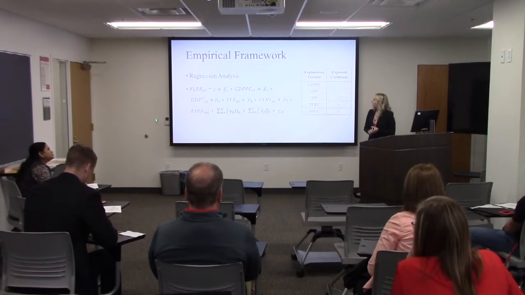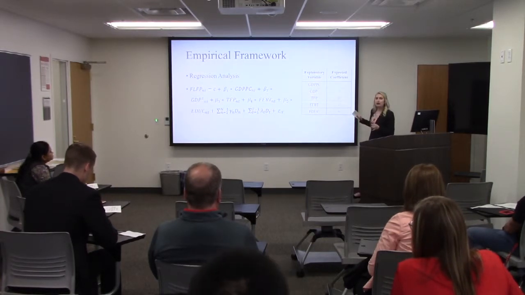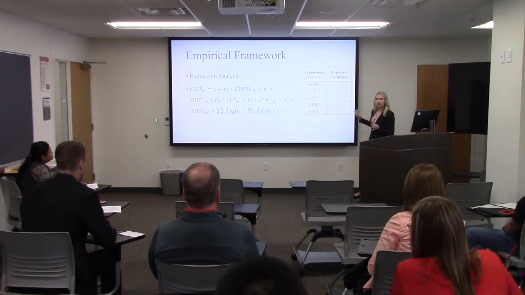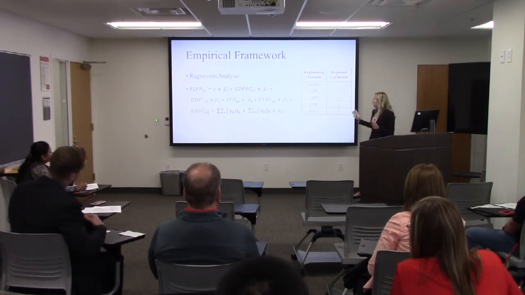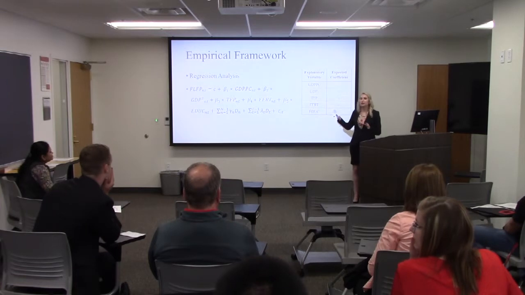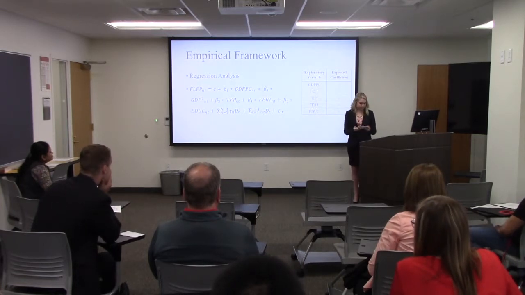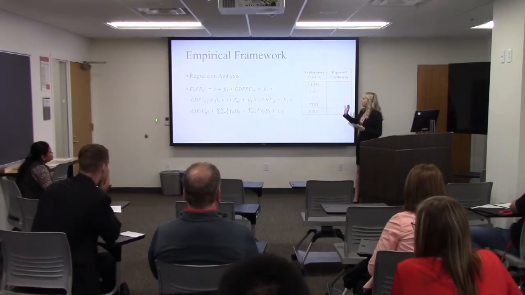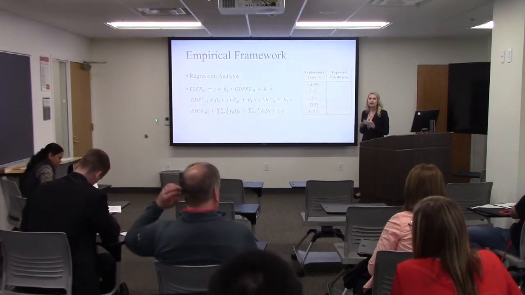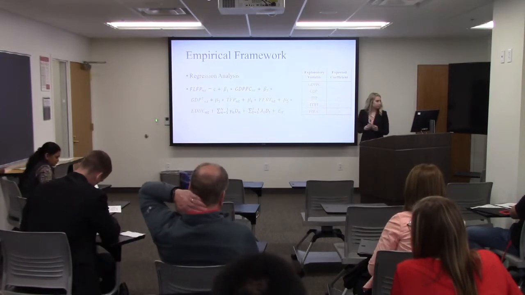And then these are the expected coefficients that I was hoping to see, and all of these turned out to be incorrect, so don't mind those. And then I had dummy variables for country and year. And then this analysis was inspired by the TAM paper that I mentioned.